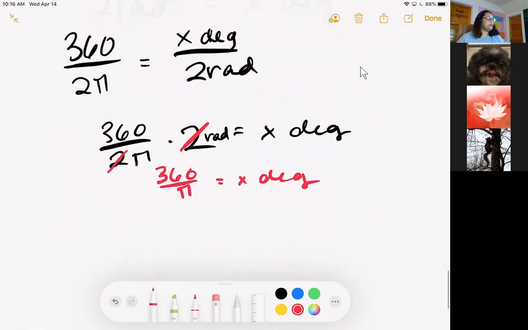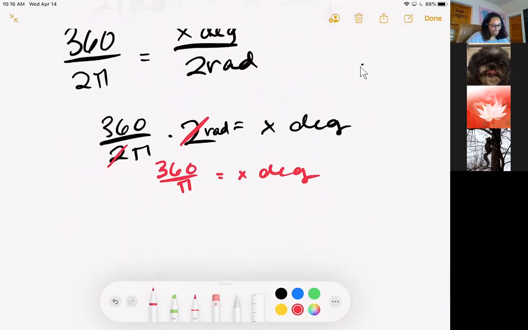If we do that in our calculator, X is equal to what? I got 114.6. Do you remember when we solved for 1 radian and it was 57 something degrees in class?